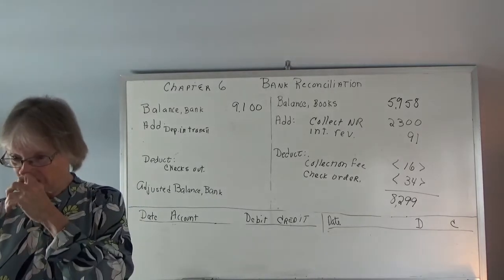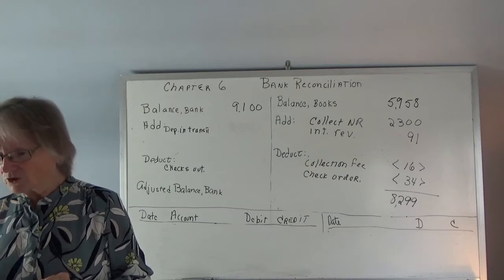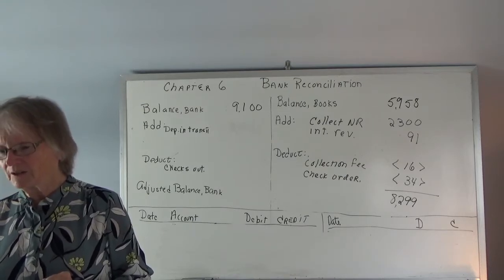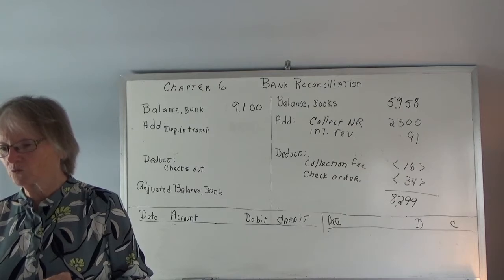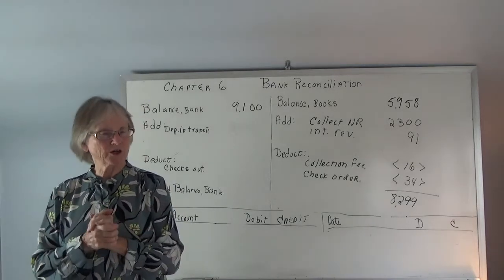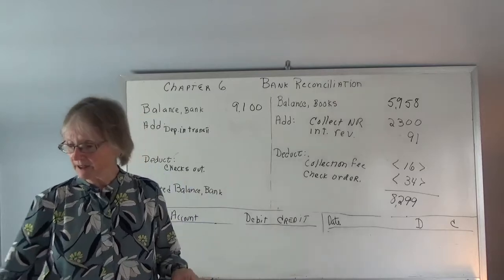Okay, so what we're trying to figure out are deposits in transit. We'll start by looking at last month's bank reconciliation, the October 31st one. We had that $842 deposit in transit. Our first question is, did that make it to the bank ever?